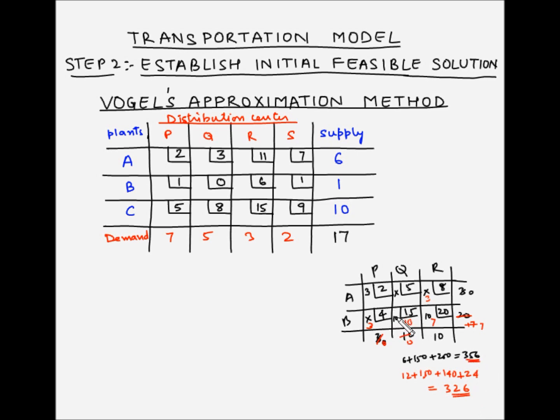So what we did in the second method was that we took row B, which has a higher opportunity cost or penalty cost, because the difference between the lowest and the second lowest was the highest amongst A and B. If we look at this closely, we'll realize that the 3 additional units which we had allocated in the least cost method have now been moved to the cell BP, and the 3 units for BR have moved up to AR.